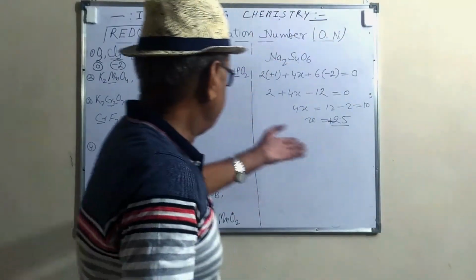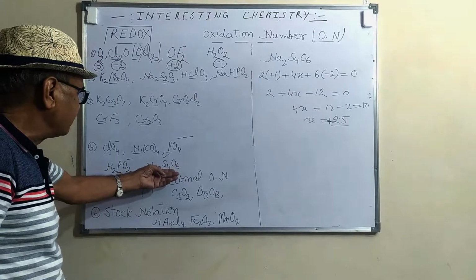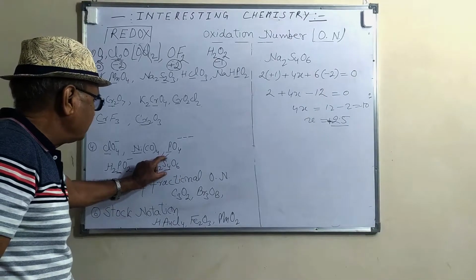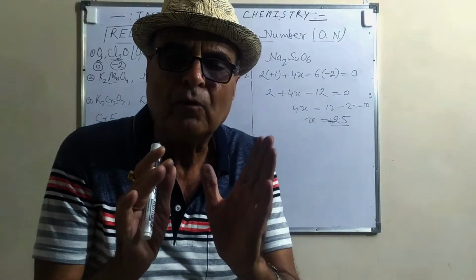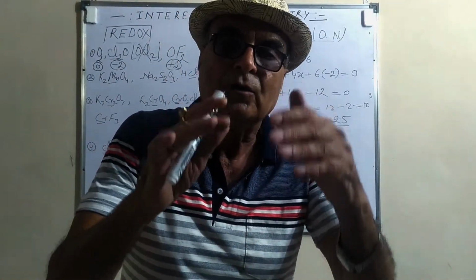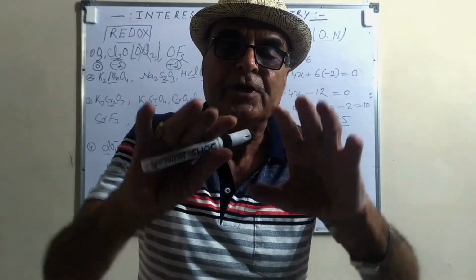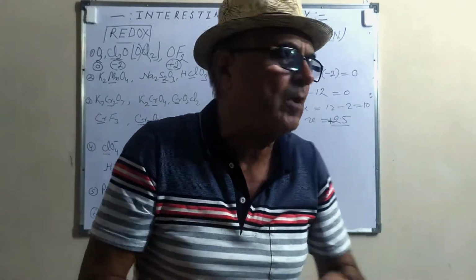Please try to understand what I am saying. Here there are four sulfur atoms, so it is not necessary that all four sulfur atoms are in the same oxidation state. It can be revealed by the structure of that compound.